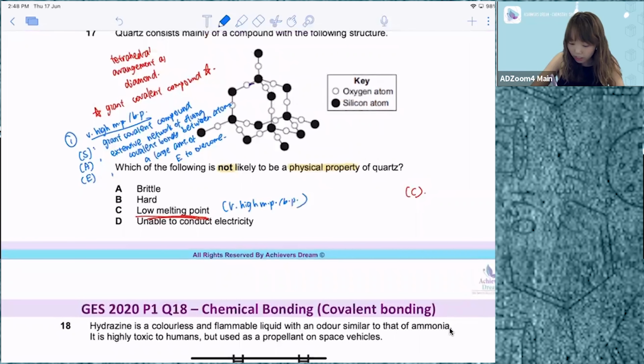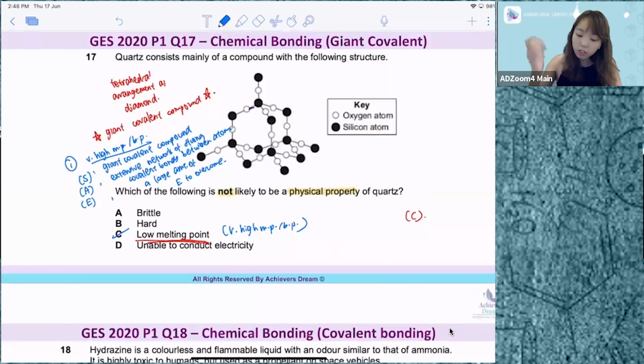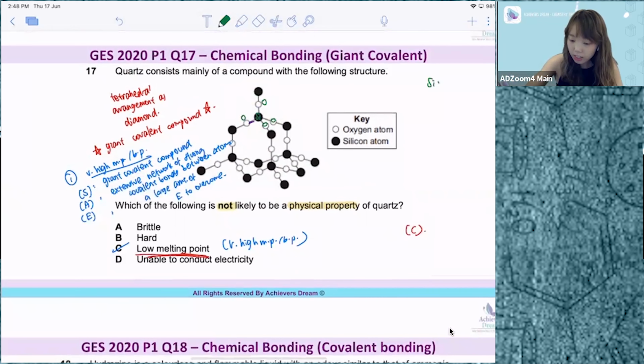Okay, let's look at option D. Why is option D not the answer? Unable to conduct electricity. If you look at the structure of this quartz, the shaded one represents silicon and the unshaded one is oxygen. Silicon is in group 4, which means that it has 4 valence electrons.